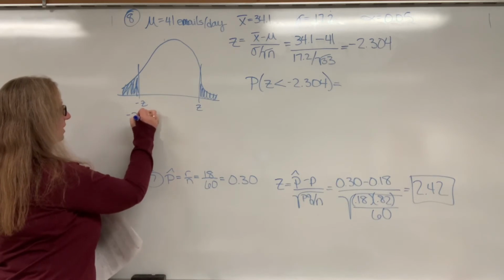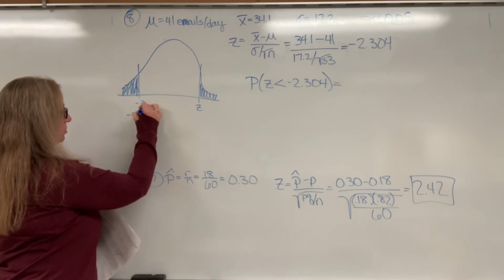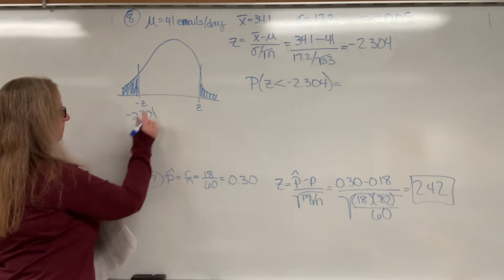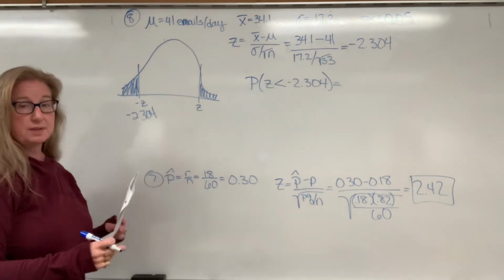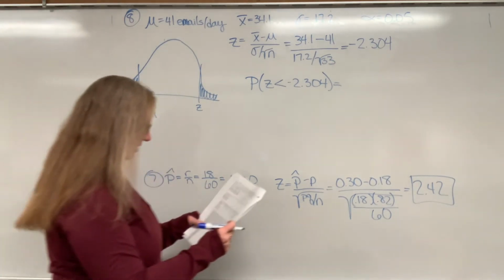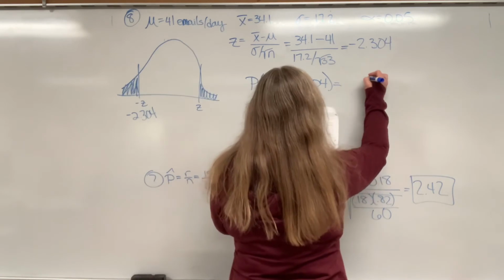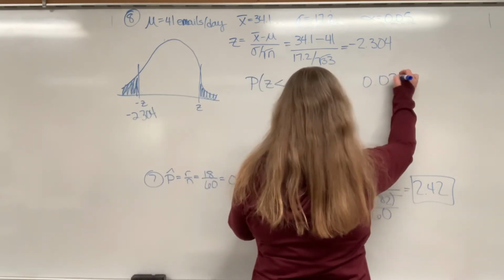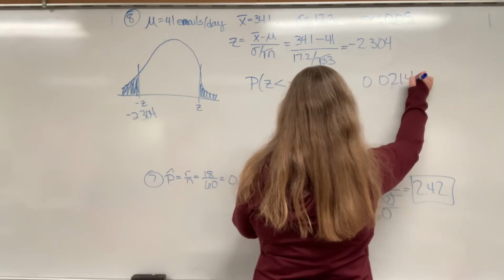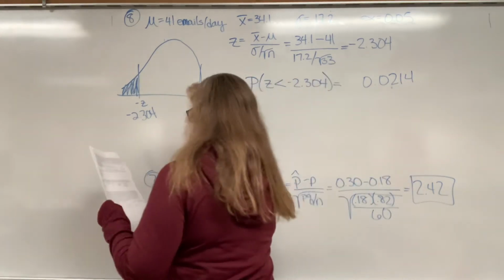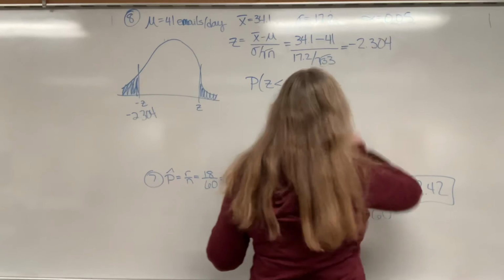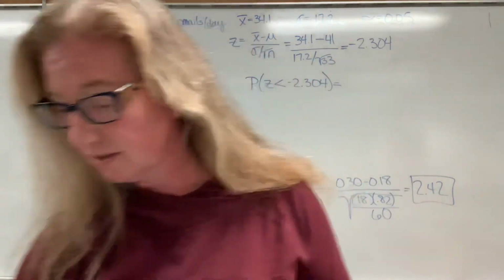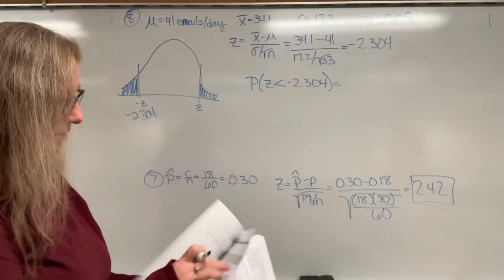So this z value is 2.304. You look that up on your chart because we look up things to the left. We find that that value is 0.0214. Whoops. Let me look up the actual value, because I wrote down what it was already multiplied.